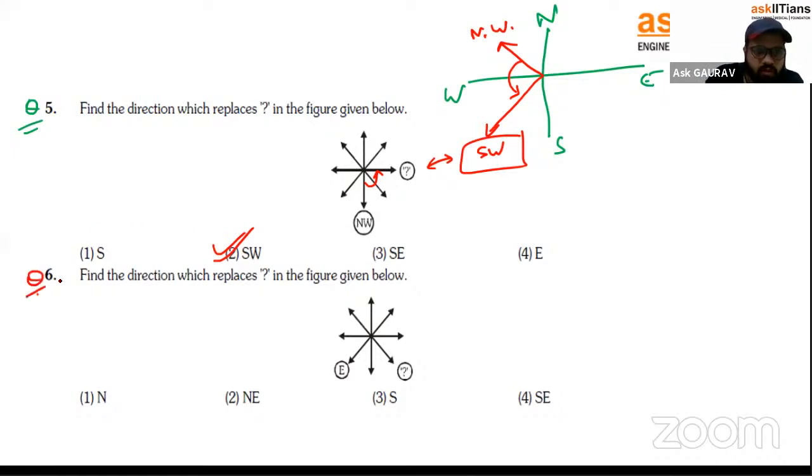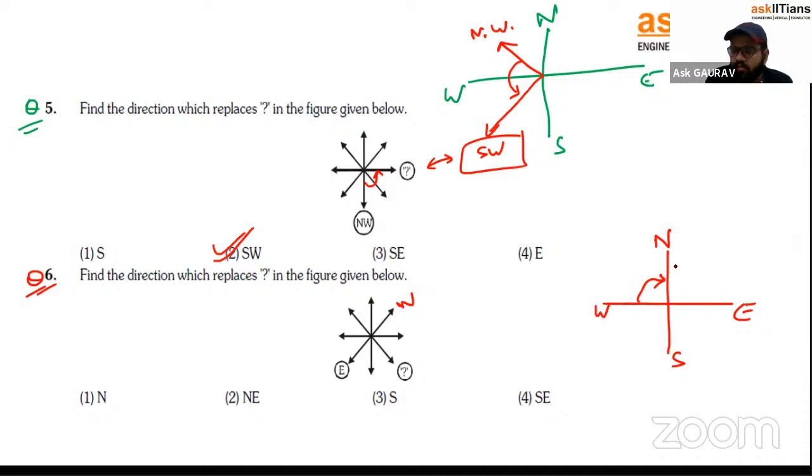Okay, solve question number 6. Always compare your question with the standard diagram. North, south, west, east, right? If this is your east, then this will be your west. If you move 90 degrees clockwise from west, you will have north.